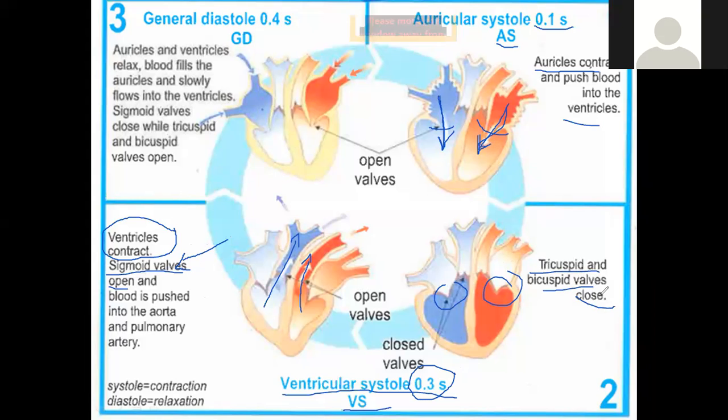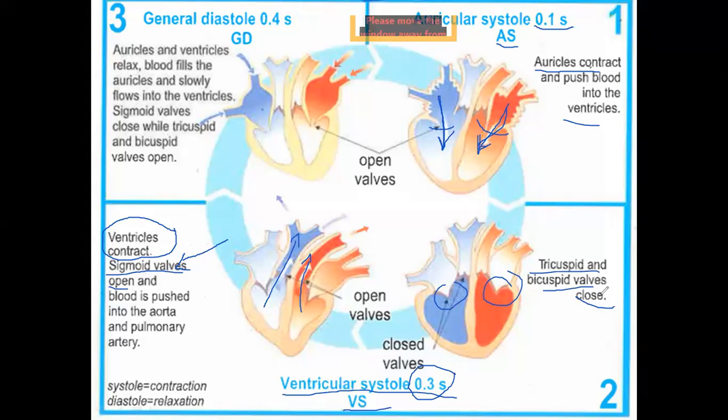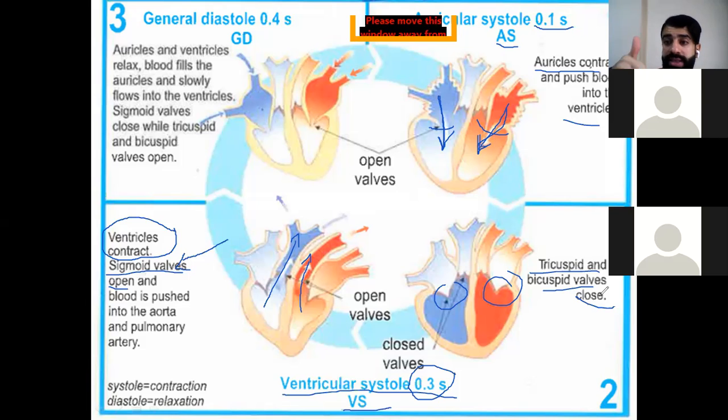So here we move to the different phases of the heart. First we have the auricular systole. The auricles contract. Whenever we talk about systole, it means contraction. So whenever they contract, the blood will flow from the auricles down to the ventricles.